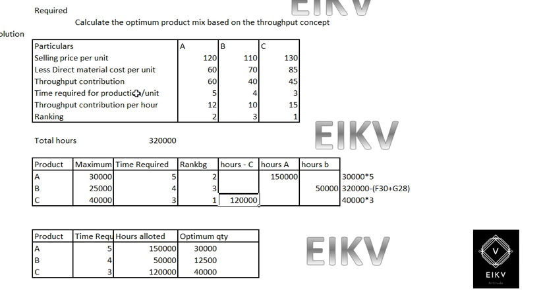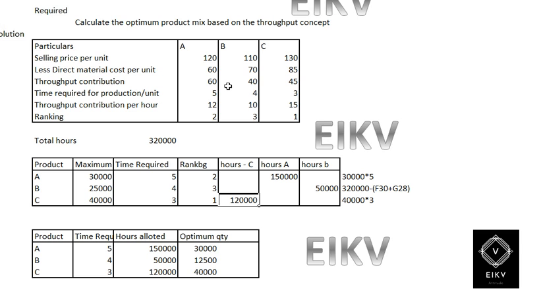After that we take the time required for each product, which is 5, 4, and 3, from the question, and compute throughput contribution per hour. It is computed by dividing throughput contribution by the time required for the production unit.